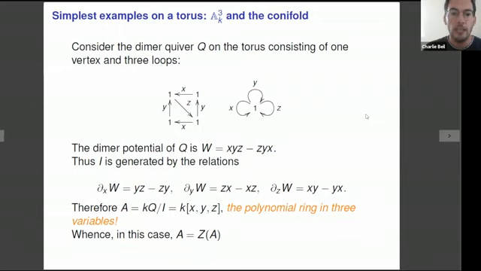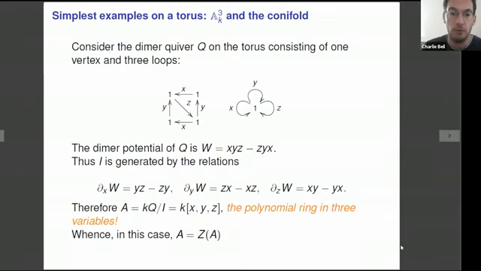And the dimer potential of Q is given by XYZ minus ZYX. And thus I, the dimer algebra ideal, is generated by the relations. So we can take the cyclic derivatives with respect to X, Y, and Z. And what we end up with is that the dimer algebra is a polynomial ring in 3 variables, because these dimer relations just give us that each of the variables commute.